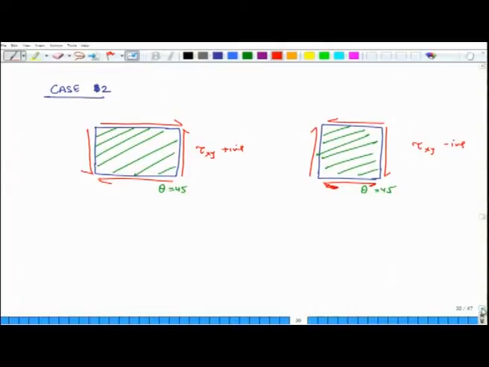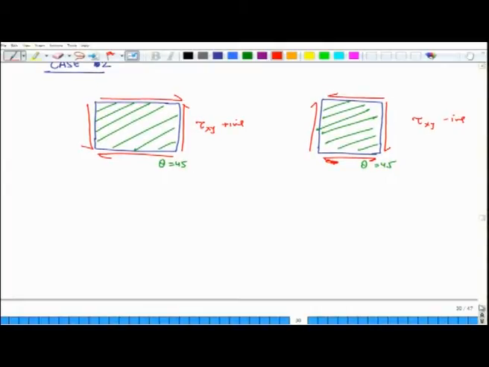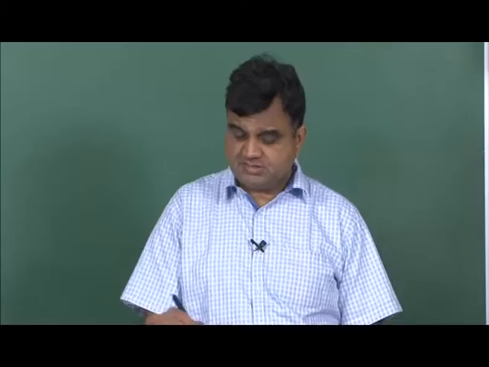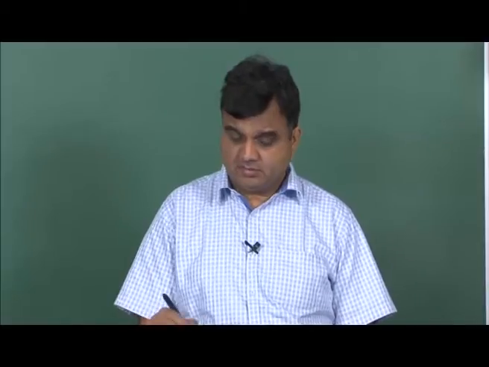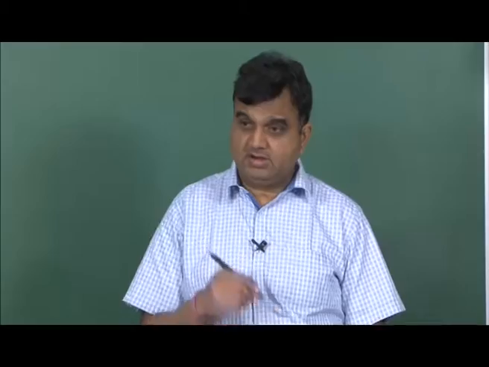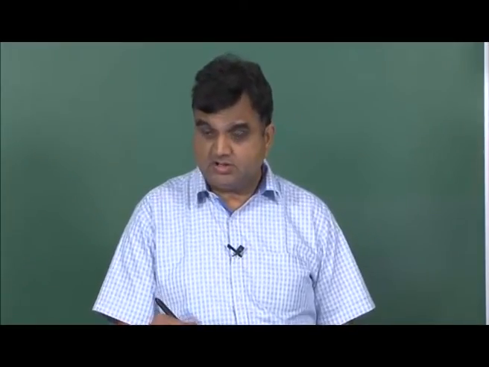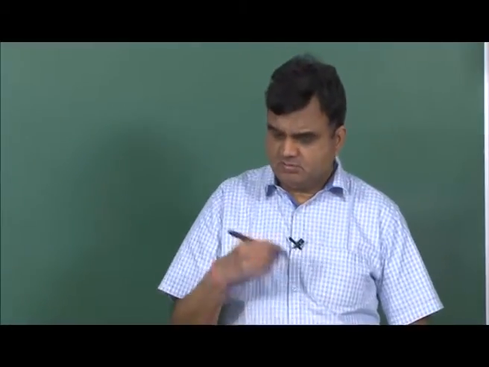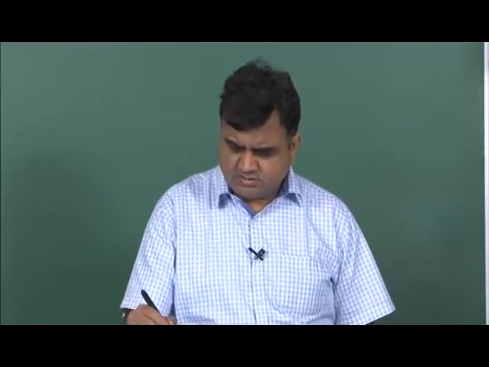Now, in both these cases, I can resolve these shear stresses in the LT plane and redraw these pictures in the LT plane. Here the shear stress is in the xy plane. I can resolve this and make another picture where, instead of tau xy, I depict sigma L, sigma T and tau LT. I can calculate those values by the transformation relations, but physically we can also see what is going to happen.